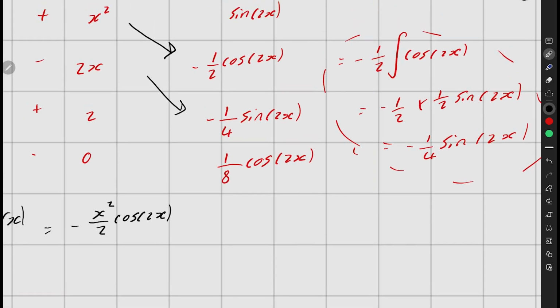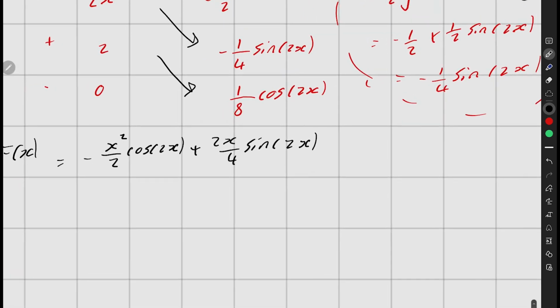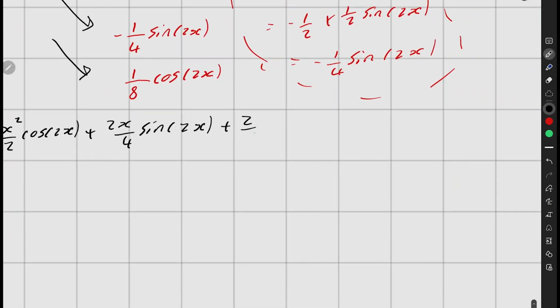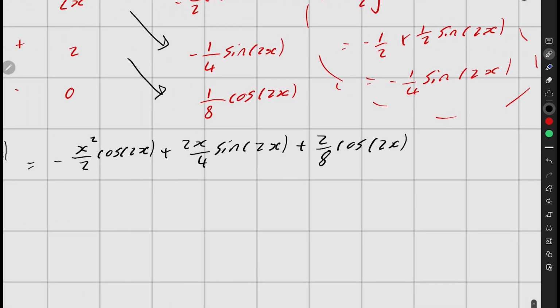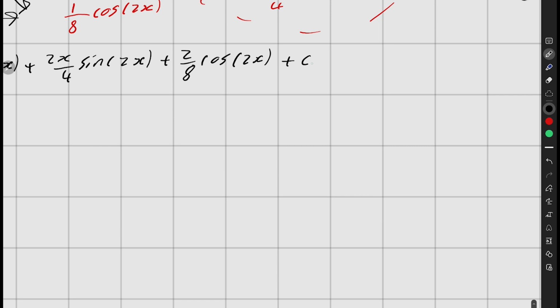And you have a minus here and a minus there, so they're going to cancel out, giving you a positive, plus 2x over 4 sine of 2x, plus 2 divided by 8, because we're multiplying 2 over 8, cos of 2x. And this goes to 0, so we just write nothing. And that's your integral, and don't forget to add on plus c.